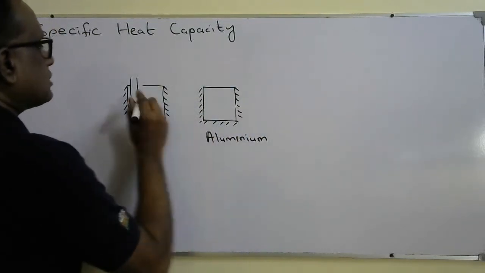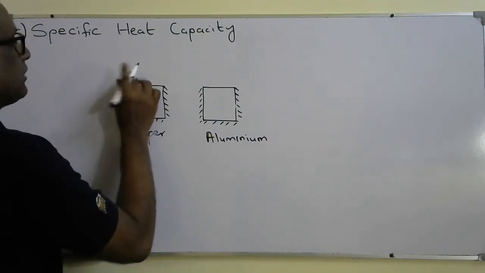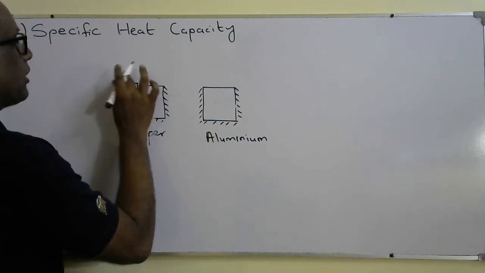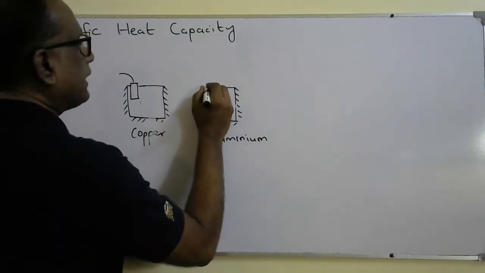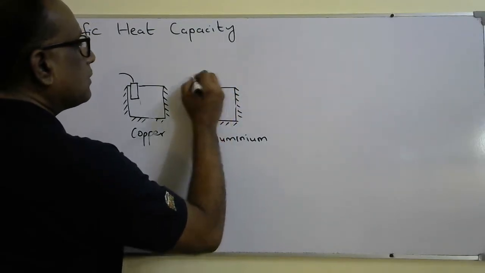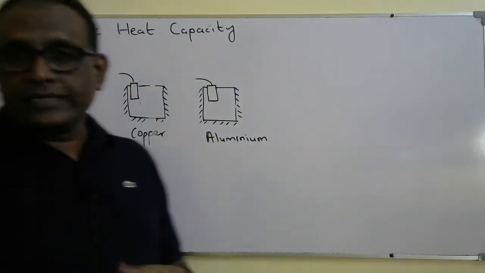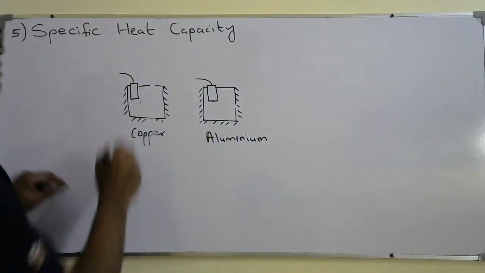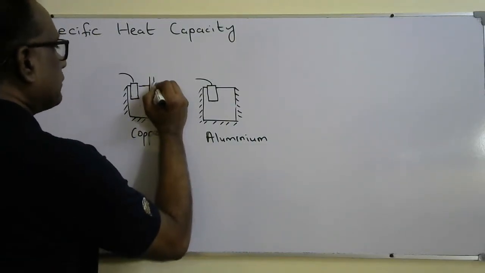So they contain identical electric heaters connected to an electric power supply. I'm not showing the power supply. Both metal blocks have identical heaters and two identical thermometers kept at the same distance from the heaters.